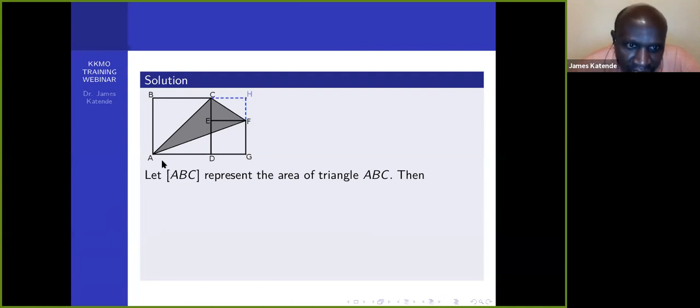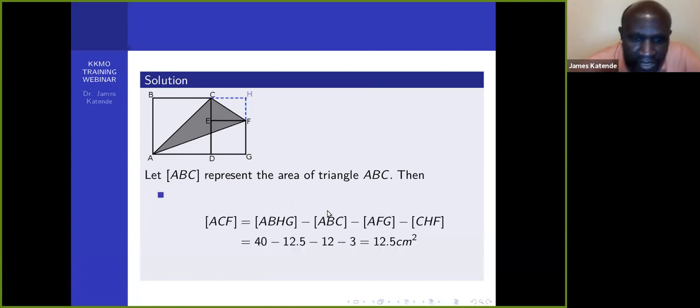So this ABC is a triangle, and the area of that triangle is represented by the vertices written here, ABC, with the square brackets. So anytime you see the square brackets around a region, that means the area of that region, whether it's a rectangle or a triangle or so on.